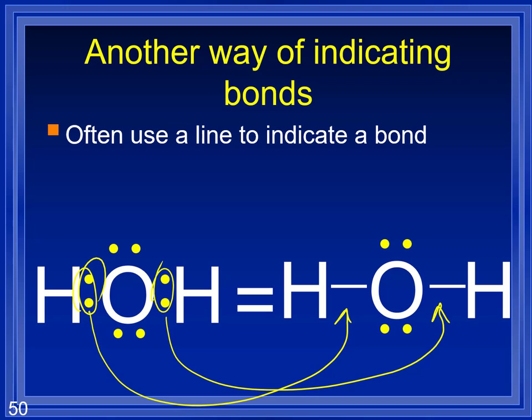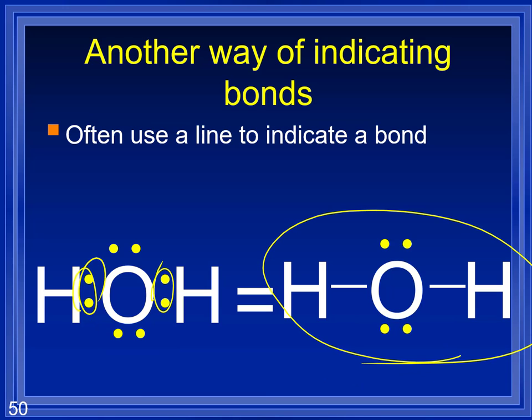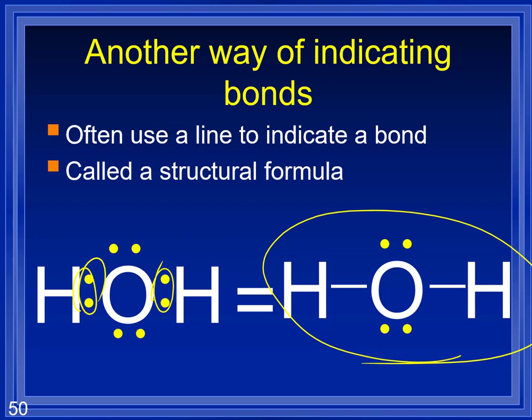Okay? Now, when you do that, you can't call this an electron dot diagram, because it's not. Not everything's a dot. So you call it a structural formula.